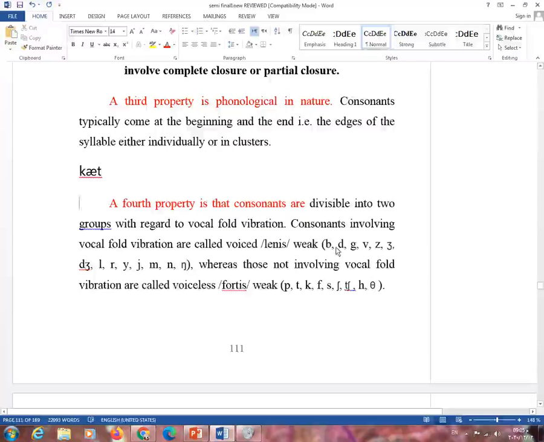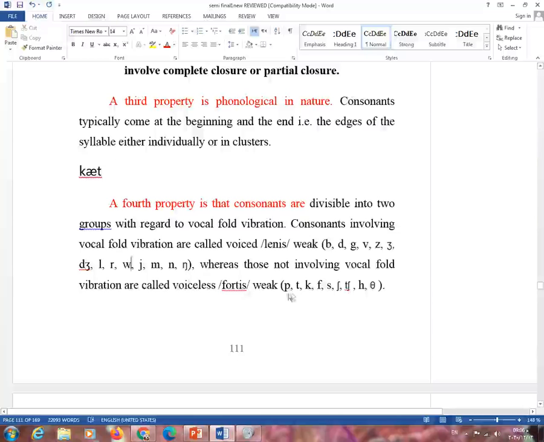And as you see, most of the English consonants are voiced. So we have b, d, g, v, z, l, r, y, w, m, n, and ng.